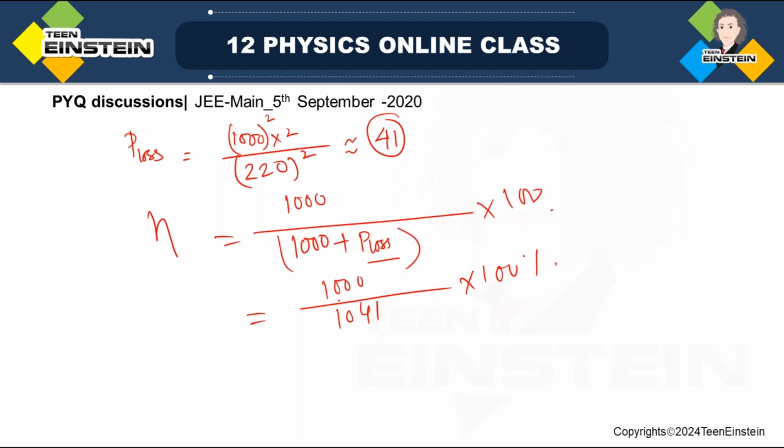So if I go for this 1041, let me just take this to be 40 itself, for the sake of calculation.